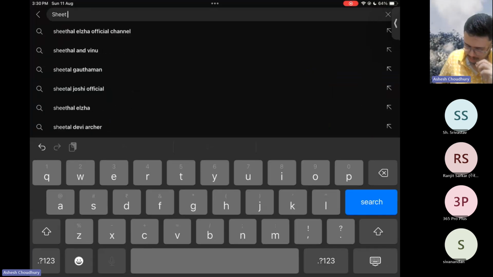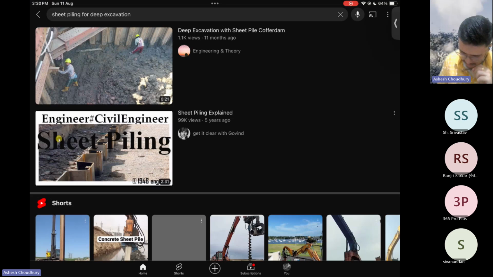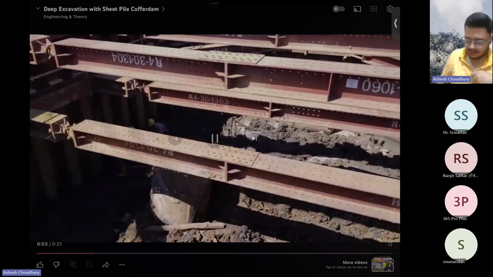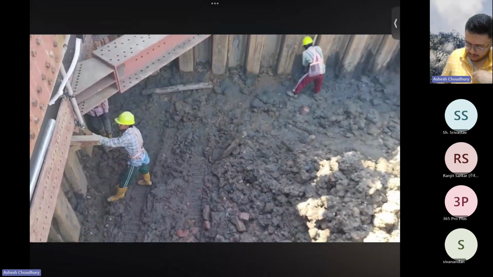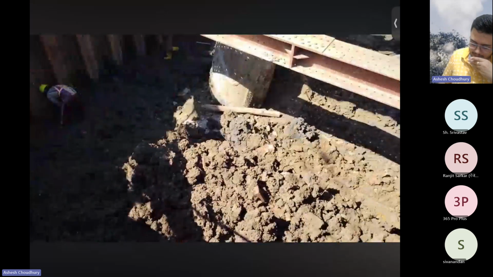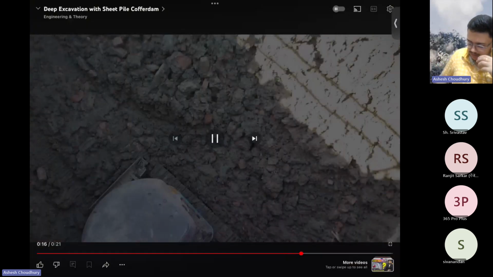Yeah, so these are called sheet piles. See this video. You can see these are very heavy, big structures, and they are driven into the soil.